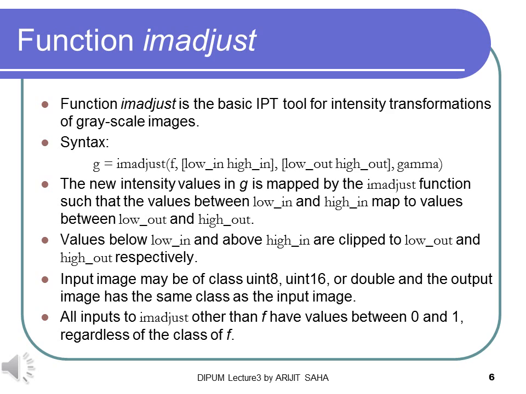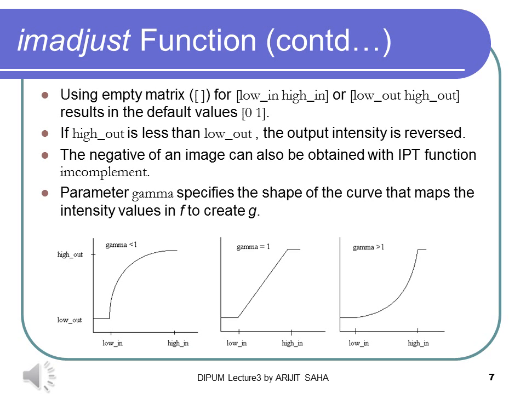Input image may be of class uint8 or uint16 or double, and the output image has the same class as the input image. All inputs to imadjust other than f have values between 0 and 1 regardless of the class of f. Using empty matrix for low_in, high_in, or low_out, high_out results in the default values of [0 1].